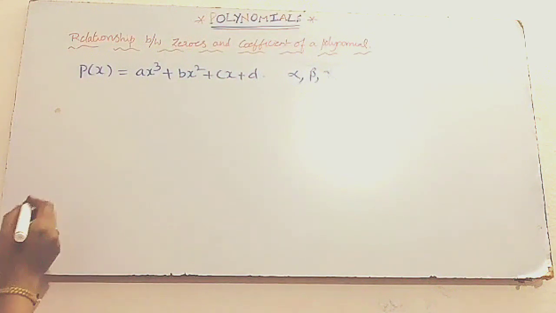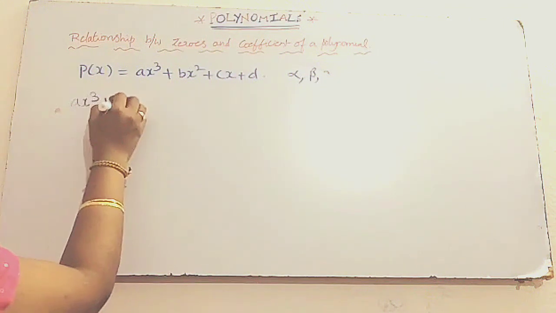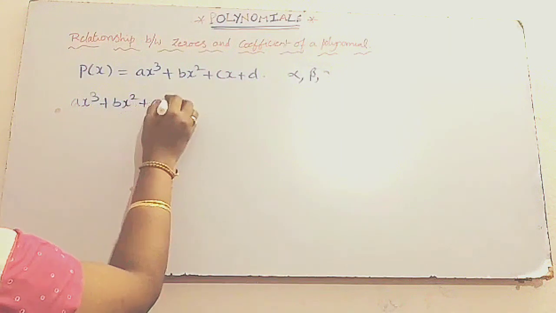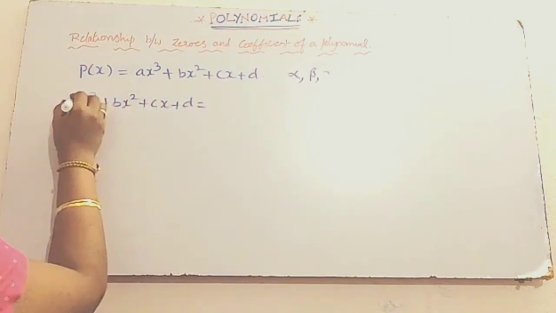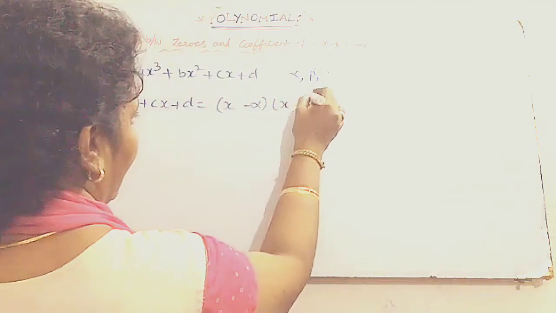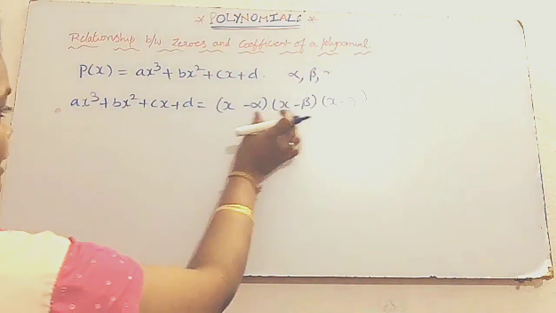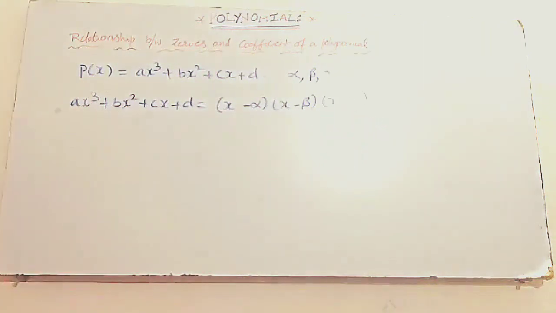Then we will get ax cube plus bx square plus cx plus d is equal to a times x minus alpha into x minus beta into x minus gamma.